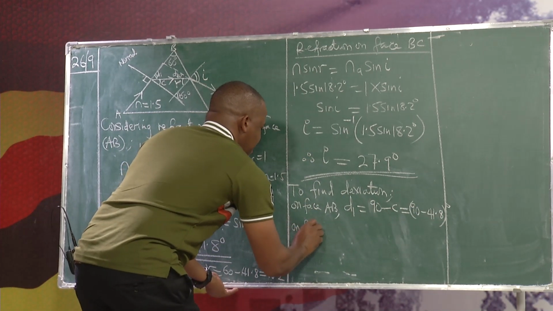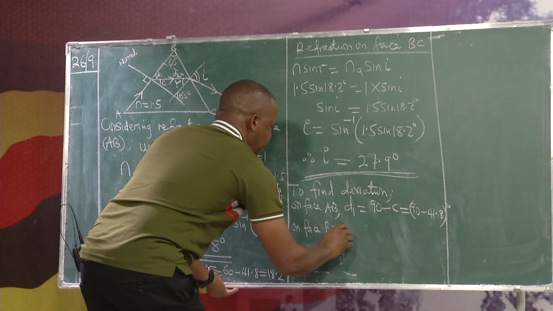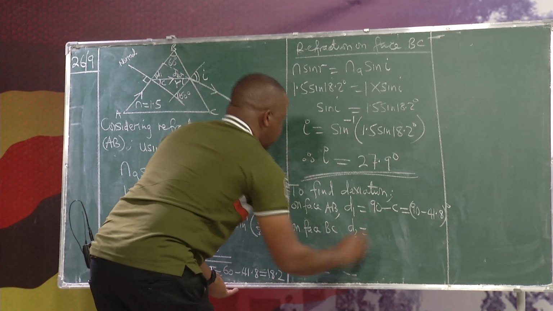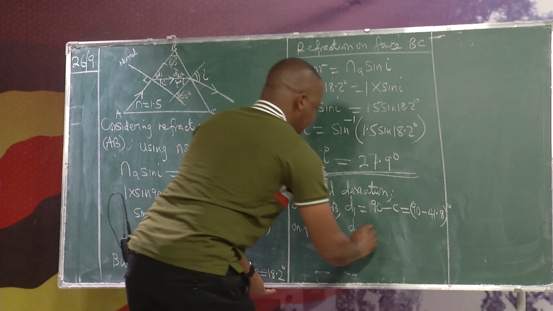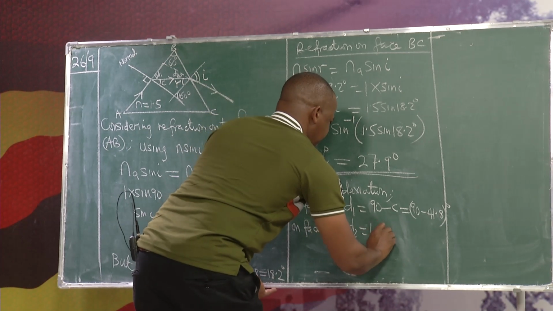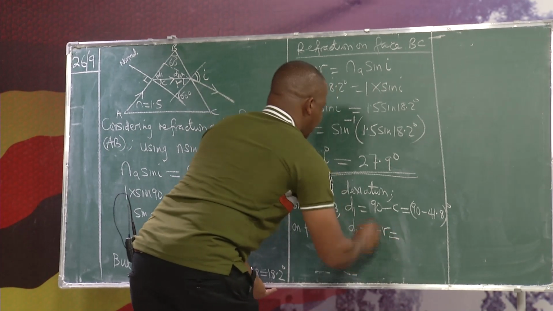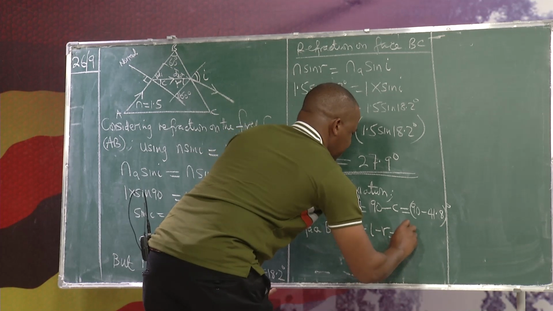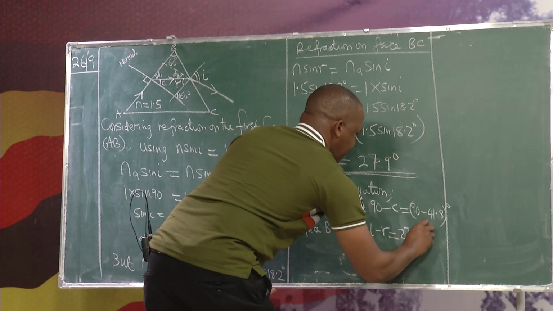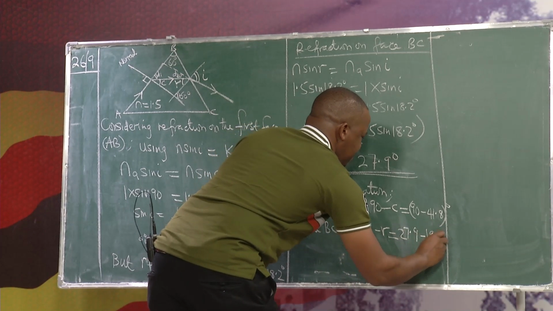Similarly, on face BC, our D2 is going to be equal to I minus R, and our I is 27.9. Our R is 18.2.